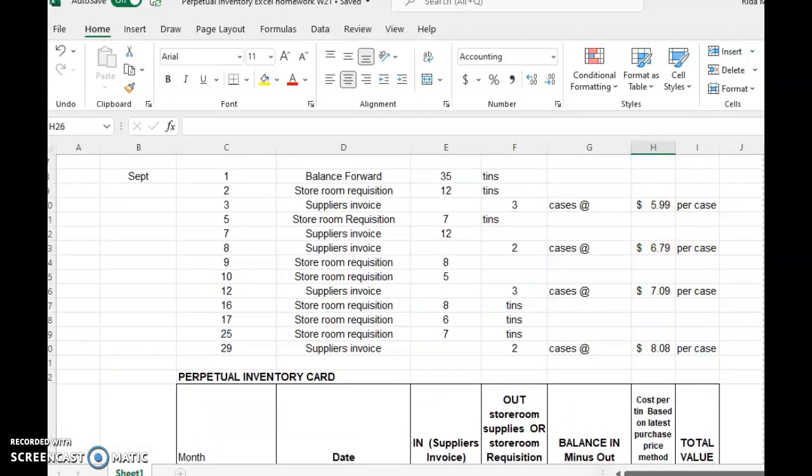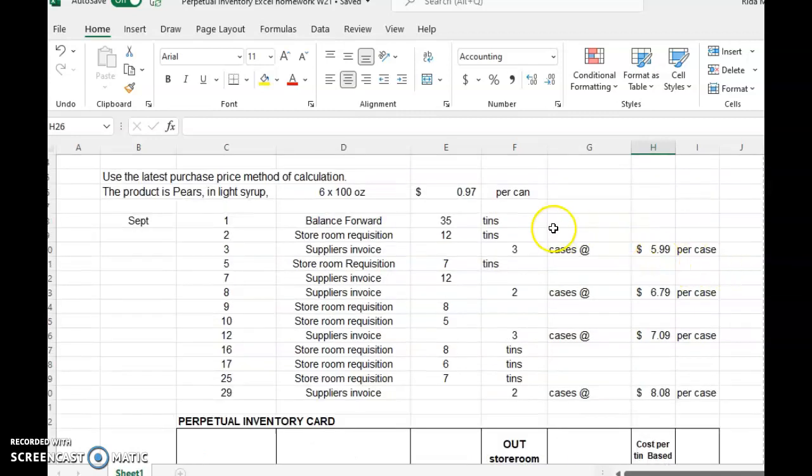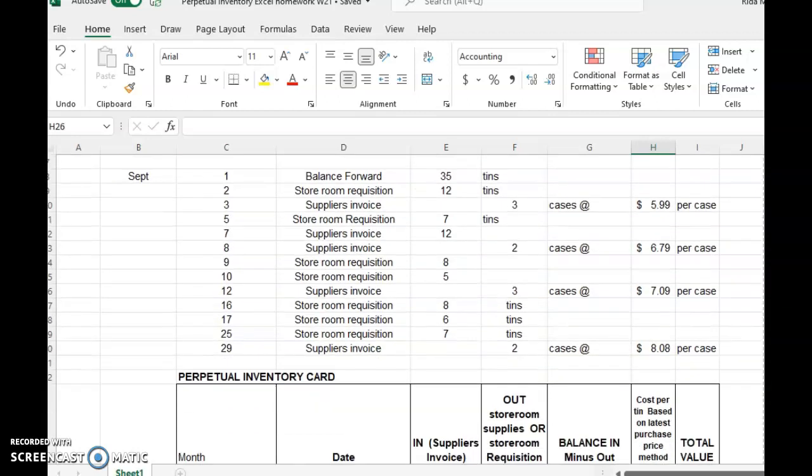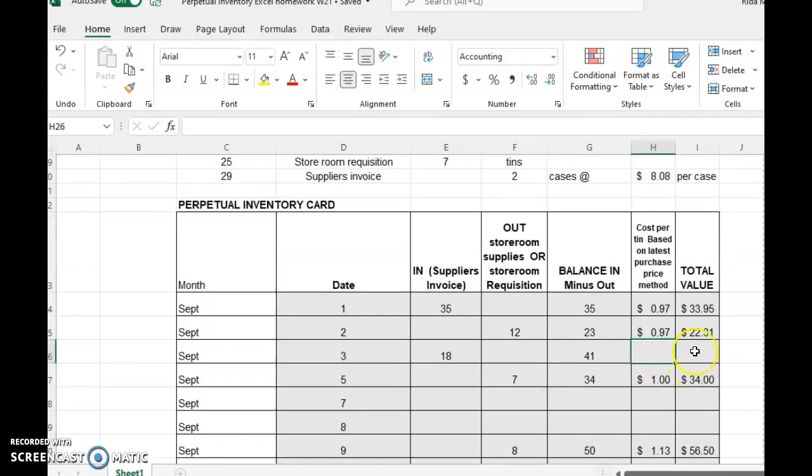To find the amount per can, we take this number and divide it by 6, because there are 6 cans in each case. On my calculator, that gives me 0.99, which rounds to 1. But if I put that over here, it won't give me the number I want, because if I multiply 41 by 0.99, it gives me 40.59, and that's not the amount we want.